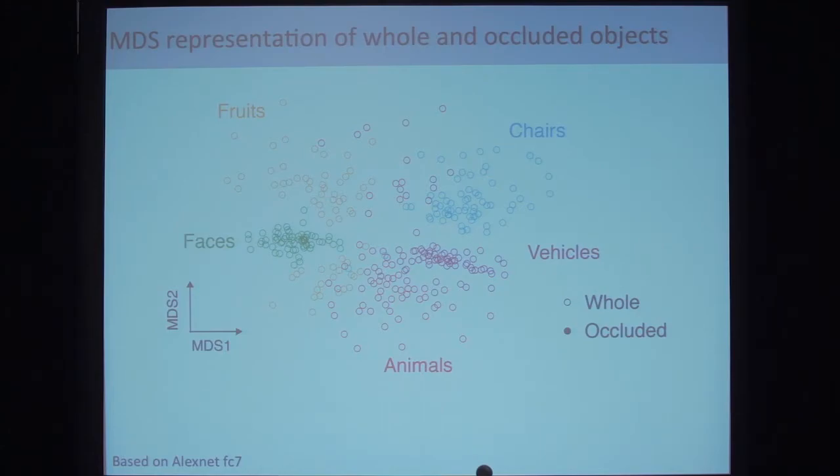So it's pretty easy to distinguish all of these different pictures when they are whole pictures with this highest level of AlexNet. In contrast, when we look at the representation when they are occluded, it turns out that they cluster essentially in the middle, and this is what gives rise to a very poor performance in recognition of these heavily occluded objects.